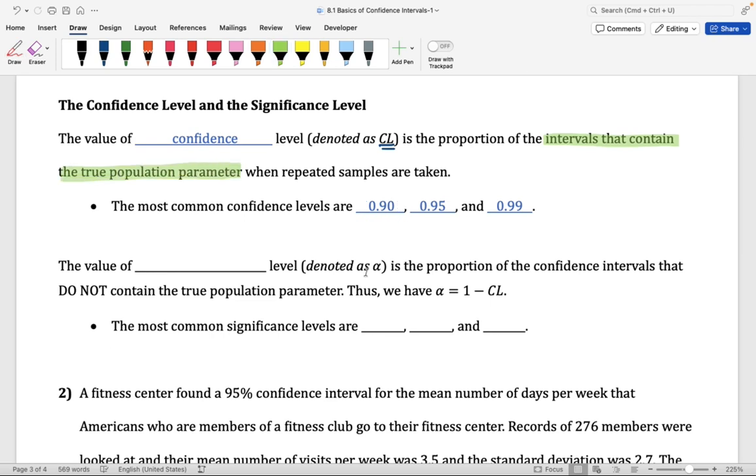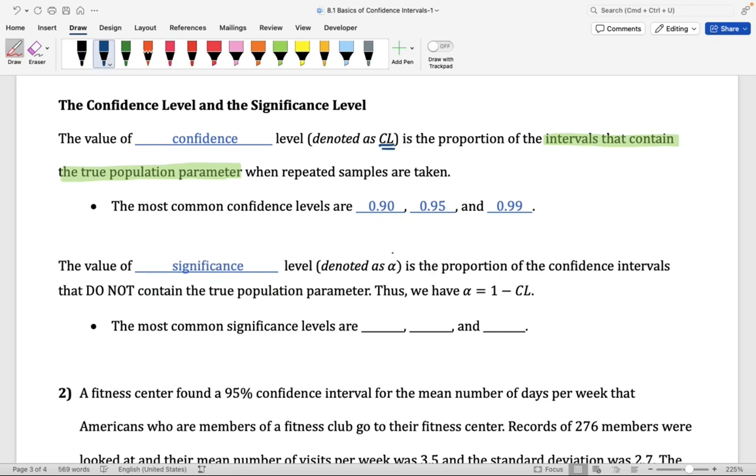Now, let's talk about the significance level. The significance level, which is denoted using the Greek letter alpha. Let me go ahead and write alpha. Now, this Greek letter alpha is going to be the proportion of confidence intervals that do not contain the true population parameter.